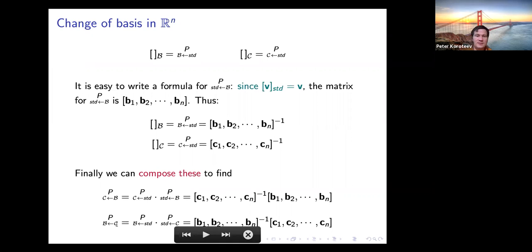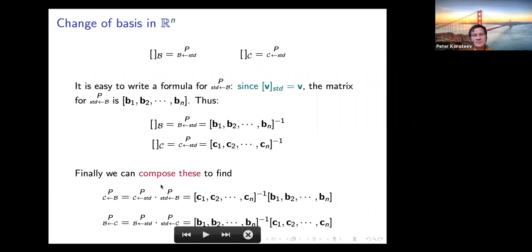And the inverse transformation, P from C to B, will be the product of these in the different order. So in the first case, you get the inverse of the matrix formed by columns of C times the matrix of B's. And in the second case, you get B inverse times the matrix of columns C.